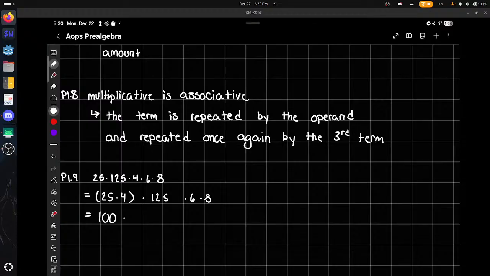See, I'm trying to figure out if there's a way to make this a lot easier to multiply. Don't want to use the calculator because that's just cheating. So there is a way, like 25 times 4. Okay, 100. Do I break the 125 apart?